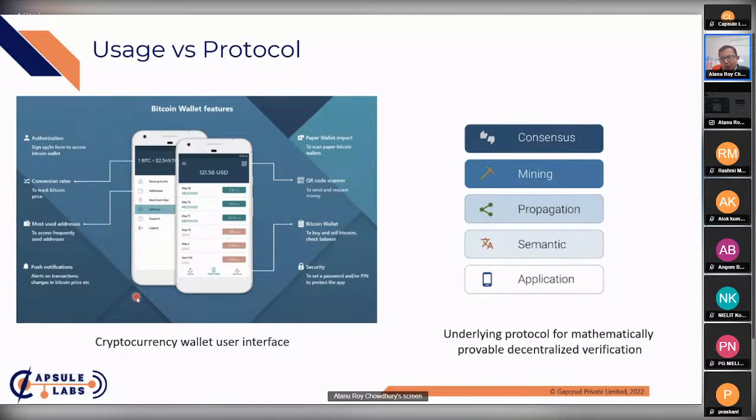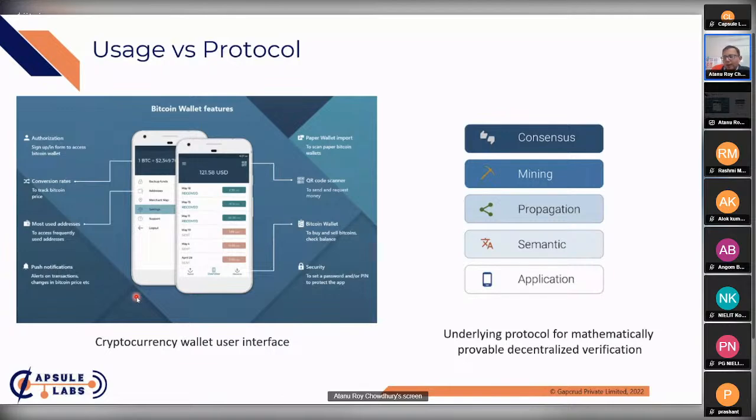And DApps or Web 3.0 apps have several implementation architectures, from purely decentralized to one where only the protocol part is decentralized and the UI part is more centralized. So the architecture that is suitable for you depends on where the value and the user's interface is stored.